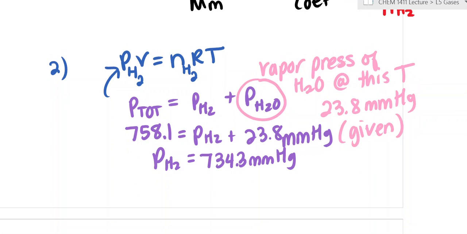And then we might know that we're going to need that in atmospheres instead of millimeters of mercury. So I'm going to divide by 760.